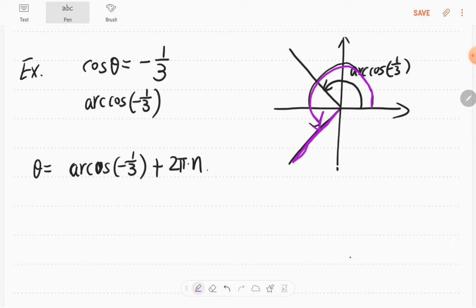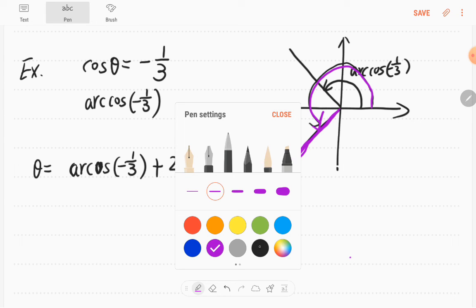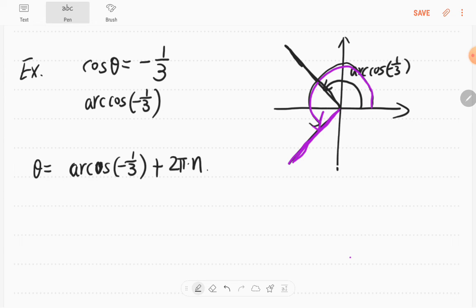The idea is you just need to find the angle with this terminal side, then add a multiple of 2 pi, and you get all the coterminal angles for this one. Since arc cosine of negative 1/3 is actually this side, you just add 2 pi times n, then you have all the angles that share this terminal side. So now our question is this side.